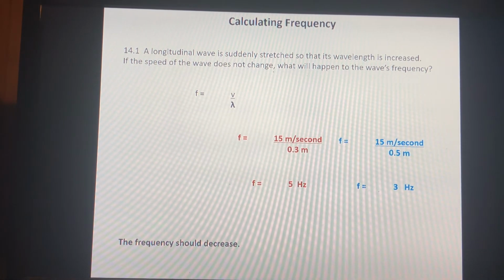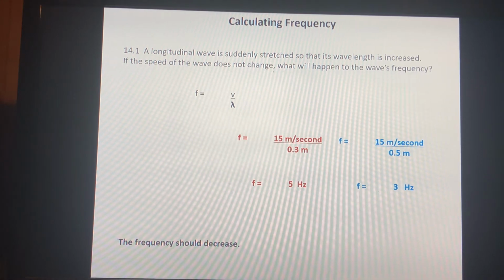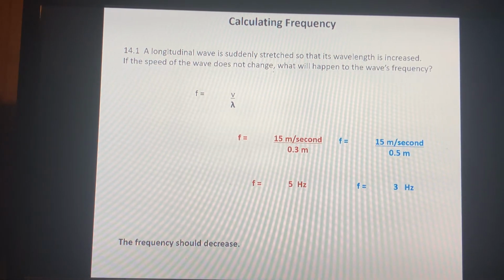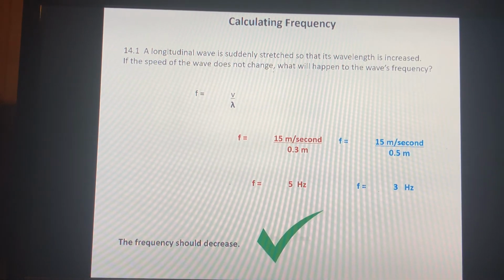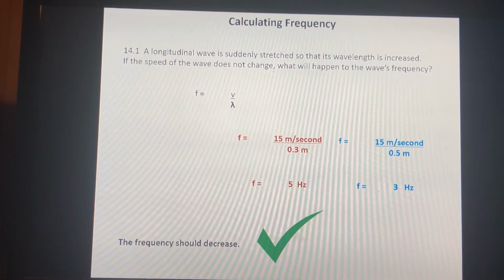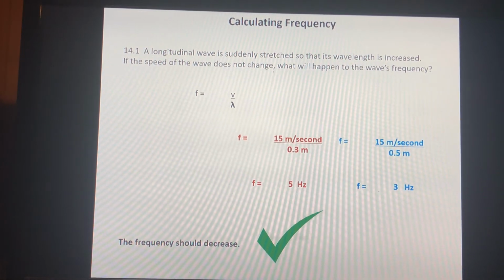I must have been tired earlier today when I was working on this PowerPoint. So it should be 50 hertz and 30 hertz, but 30 hertz still is smaller than 50 hertz, so the frequency has decreased, even though I did my math a little bit wrong there. Sorry about that. I gave myself a check mark saying I got it right, and now I'm realizing no, I didn't quite get it right. But the frequency should decrease is the correct answer though.